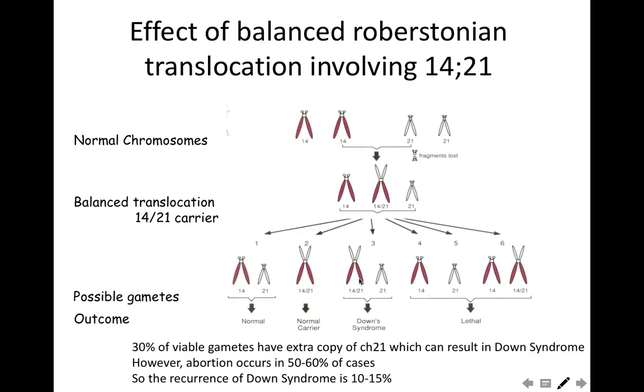The zygote will have 2 copies of chromosome 14. And how many copies of chromosome 21? 3 copies of chromosome 21. 2 from the ovum of this carrier female and 1 from the sperm. مادام في 3 copies of 21 يبقى the phenotype of the baby will be Down syndrome.